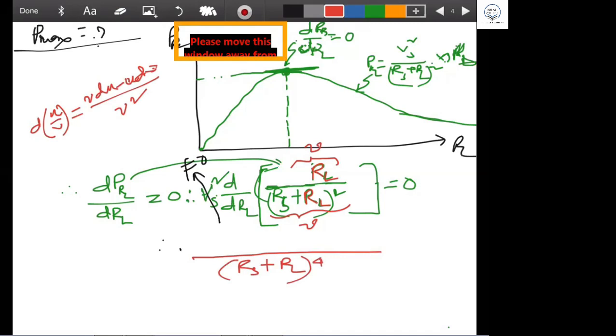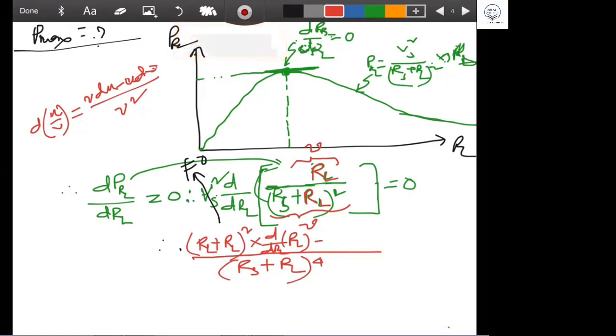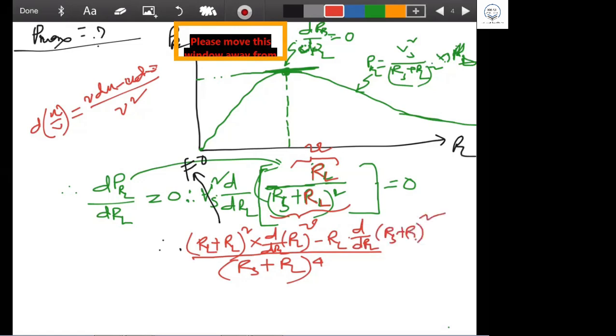And V means RS plus RL whole square, times d/dRL of RL, minus U, which is RL, into d/dRL of (RS plus RL) whole square. This is equal to 0.